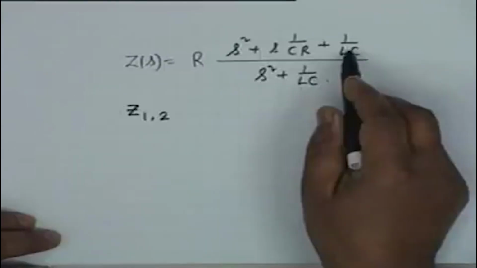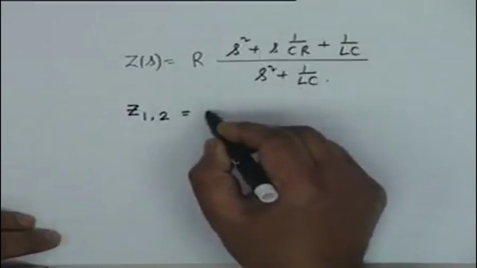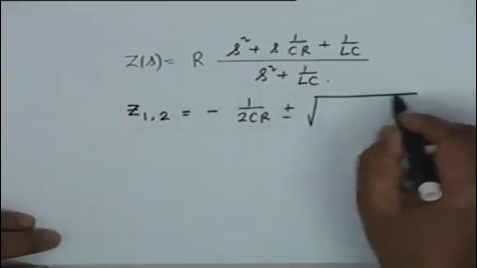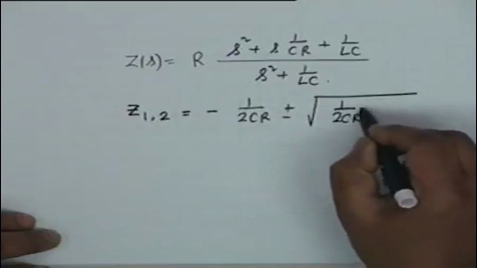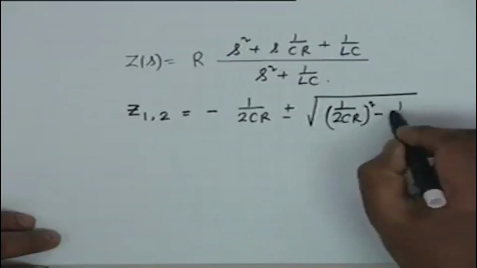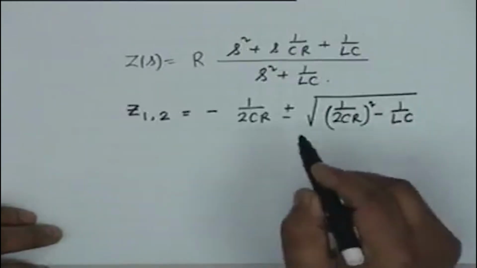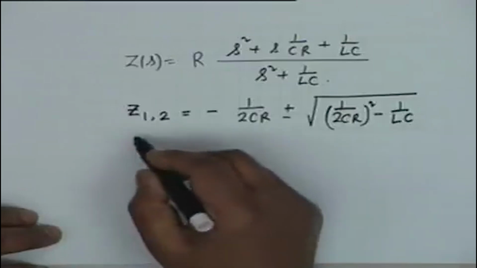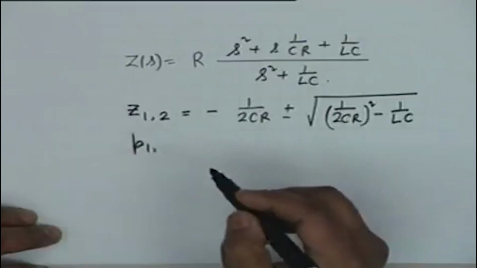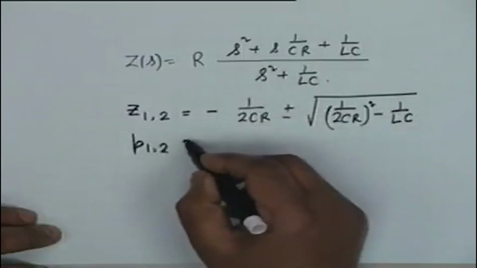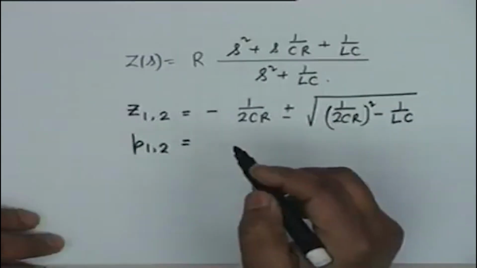The roots of the numerator function are given by minus 1 over 2CR plus minus square root of (1 by 2CR) whole squared minus 1 over LC. Is that okay? These are the two roots of the numerator, and let us say the roots of the denominator polynomial are denoted by small p1, p2.